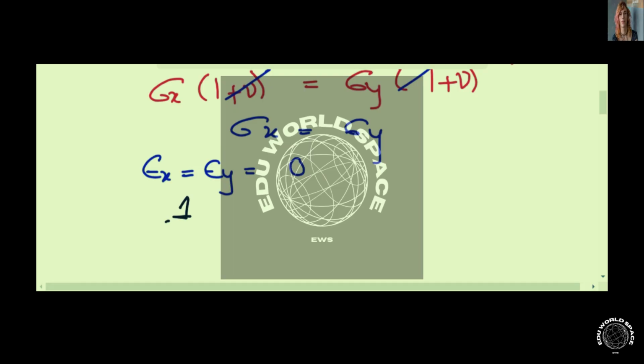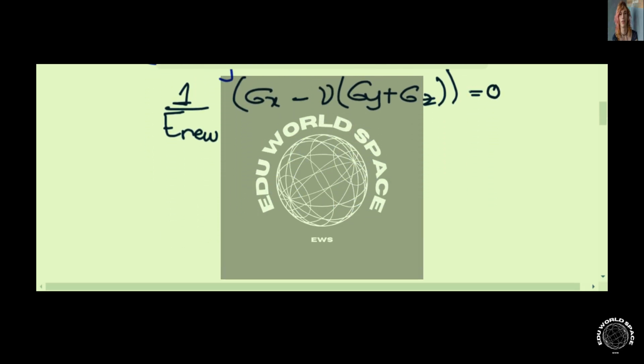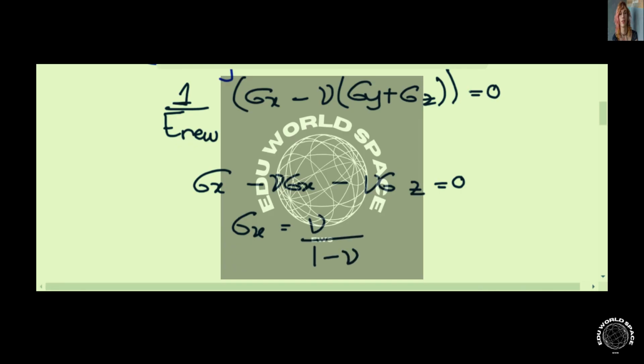So we have 1 divided by the new modulus of elasticity, times the stress in x minus epsilon times the stress in y plus the stress in z, and that is equal to 0. So the stress in x minus epsilon times the stress in x minus epsilon times the stress in z is equal to 0, and this gives the stress in x equal to epsilon times the stress in z divided by 1 minus epsilon.